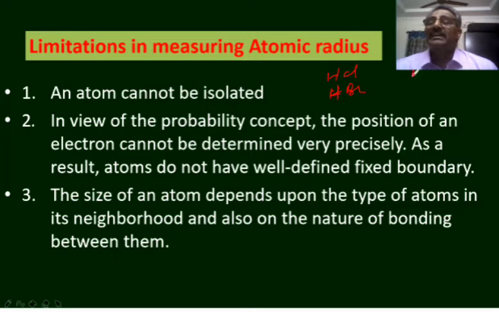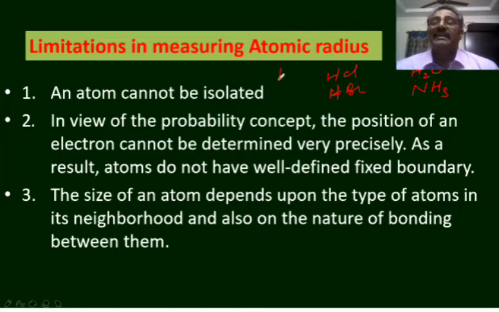In the same way, H2O, water and ammonia. Here also, the size of the hydrogen atom depends upon the number of neighboring elements. That is, it depends upon the nature of the element to which it is attached and the number of neighboring elements also.